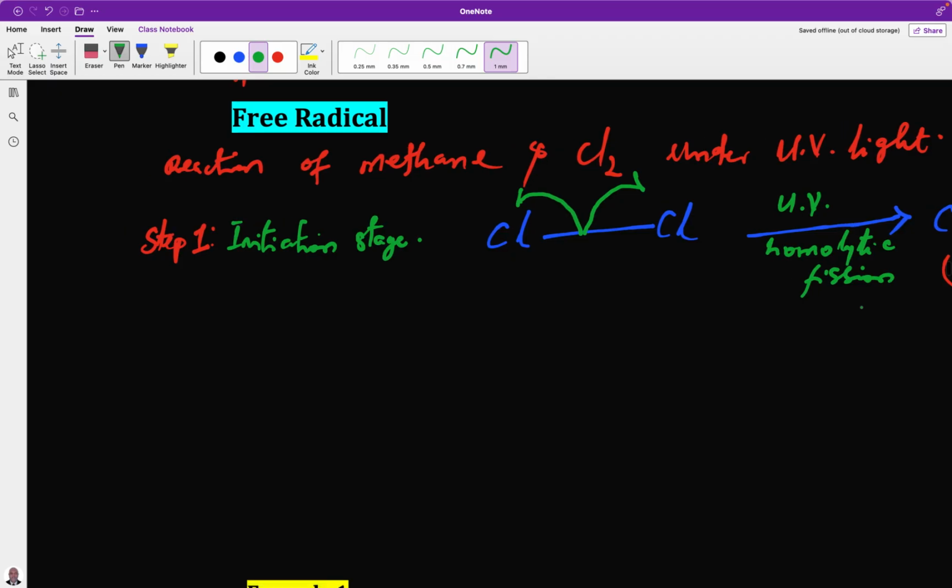Step number two is the propagation step or stage. Step two is propagation.